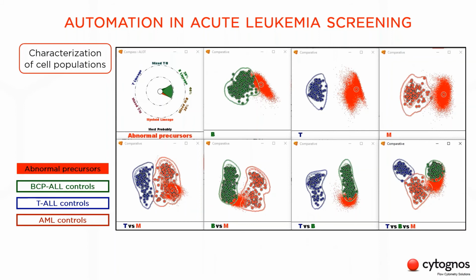This is basically done through a multiparametric comparison of your sample versus a reference database. And the reference database in that particular case contains B leukemic cells in green, T leukemic cells in blue, and myeloid leukemic cells in red.